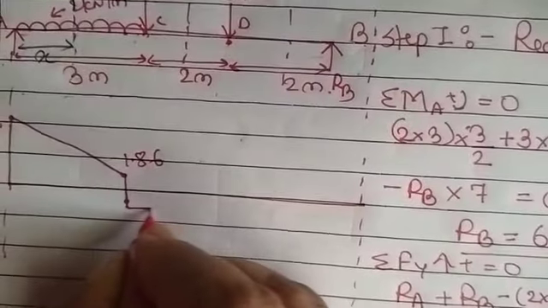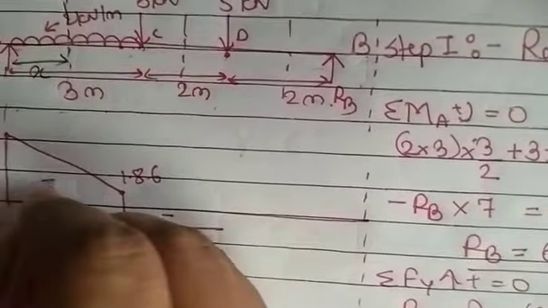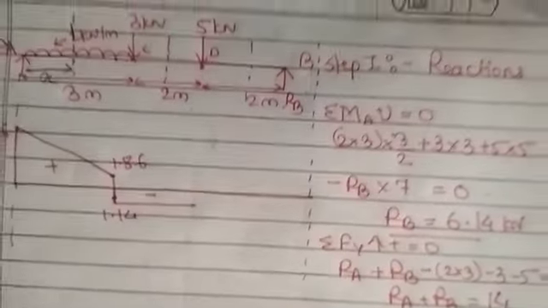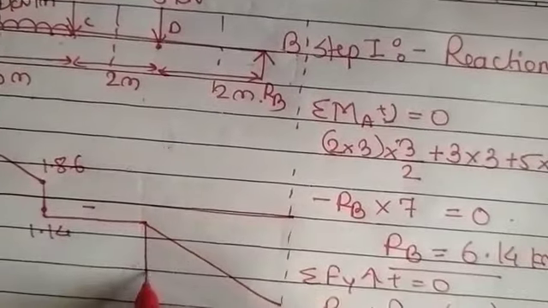So it will be 1.14, but negative. This is positive. And from D to B it is minus 6.14. So again it will come like this.